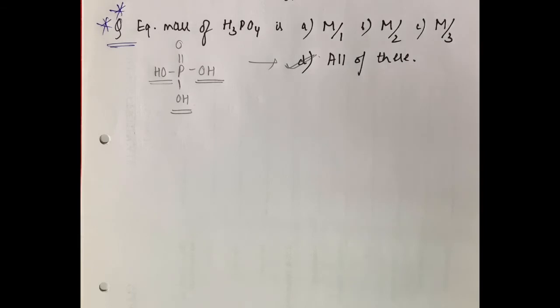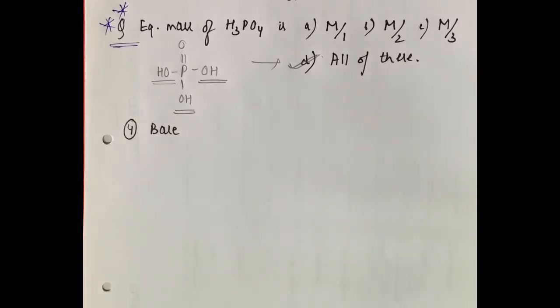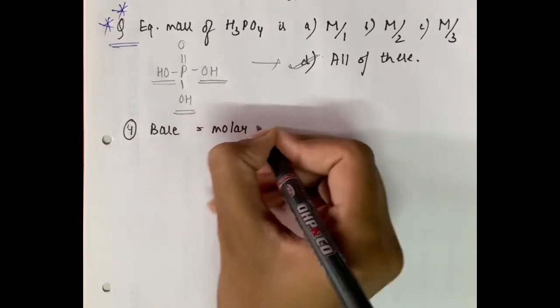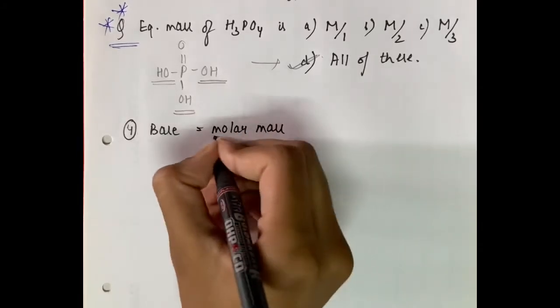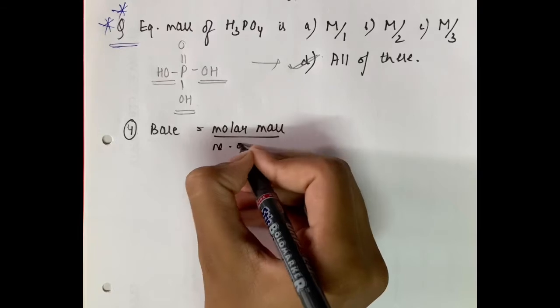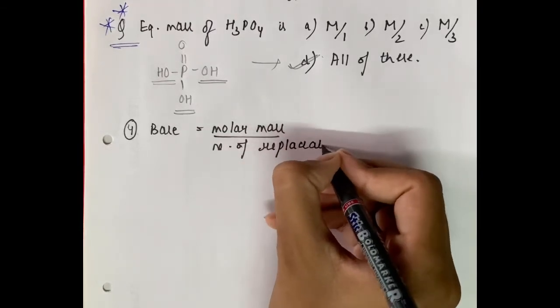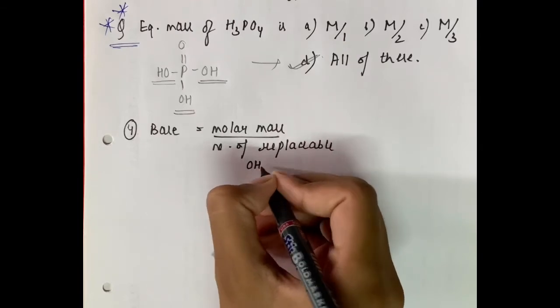So now, moving on towards the last part of the video, which is calculating the equivalent mass of a base, and its formula would be molar mass divided by the number of replaceable OH- ions.